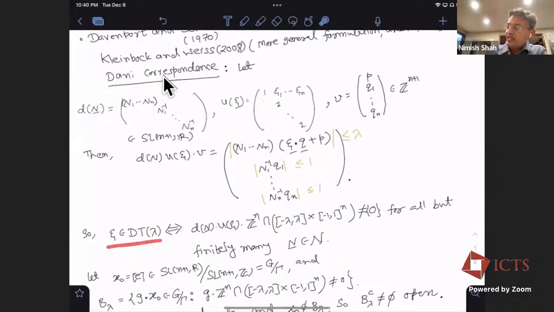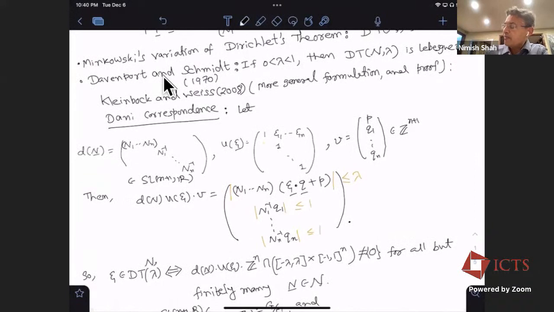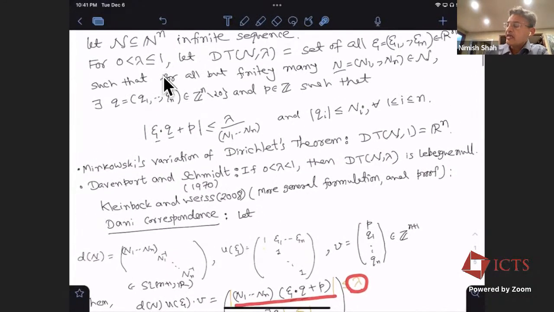Now, if C is in D_t(n, lambda), then it is equivalent to saying that there exists a vector v for all but finitely many n's, a vector v of this kind, so that when you multiply like this, these numbers are less than or equal to lambda, because I divided by n1 into nn.